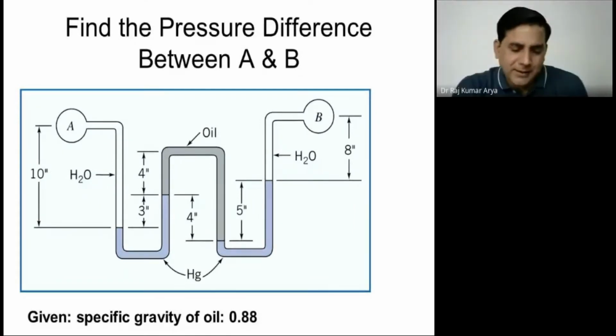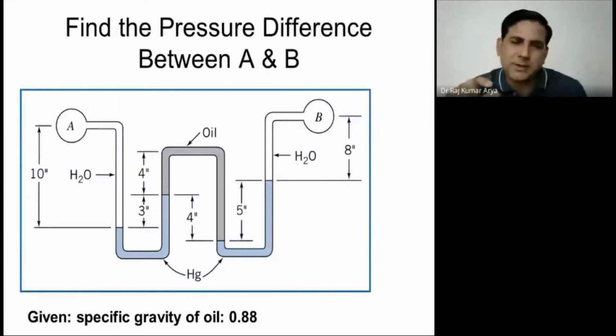Yes, sir. So here you have several fluids. What was the purpose of using several liquids here? You have mercury, you have oil here. The idea of this manometer is that you have to get a measurable h.